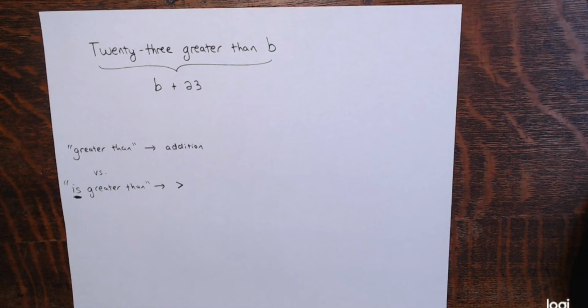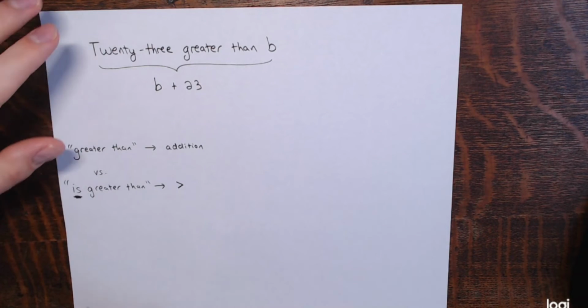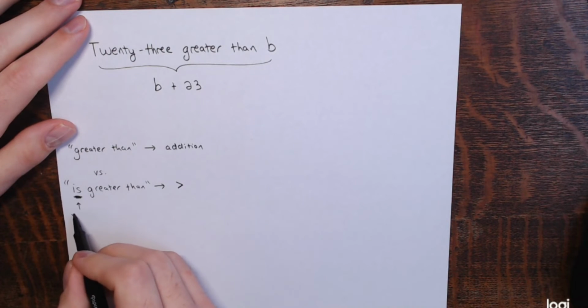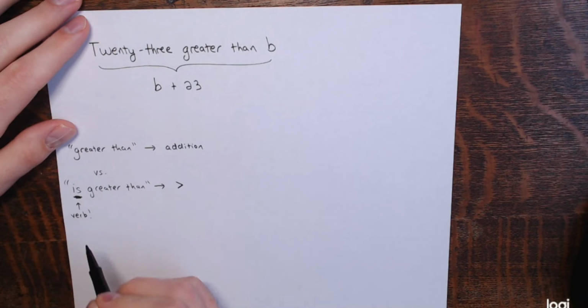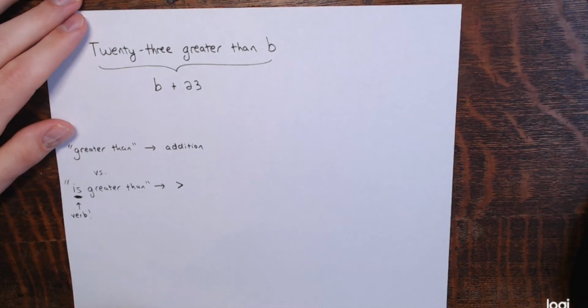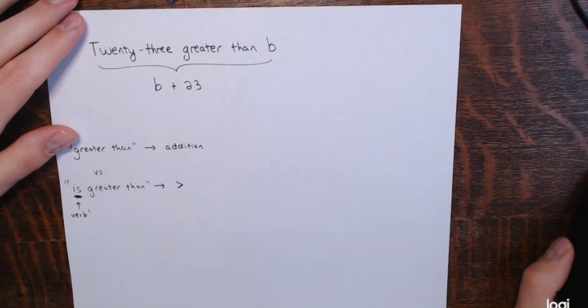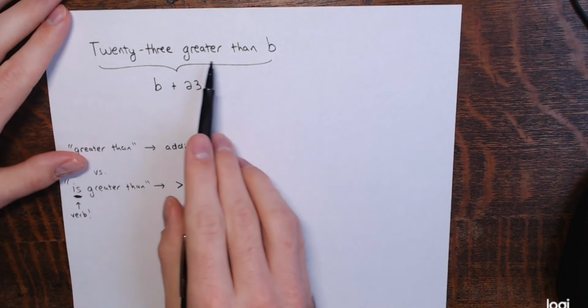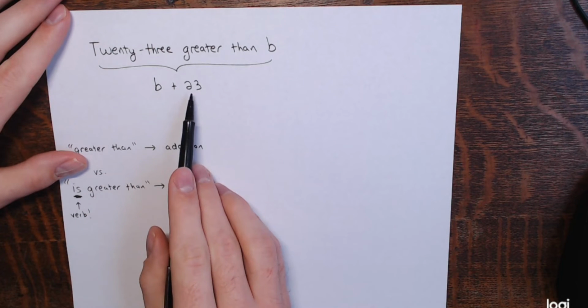Verbs, is, was, were, those will be where the symbols go, the equal signs, the greater than symbol, the less than symbol. There's a verb. That makes a huge difference. So be very careful. So we have 23 greater than B, which is B plus 23.